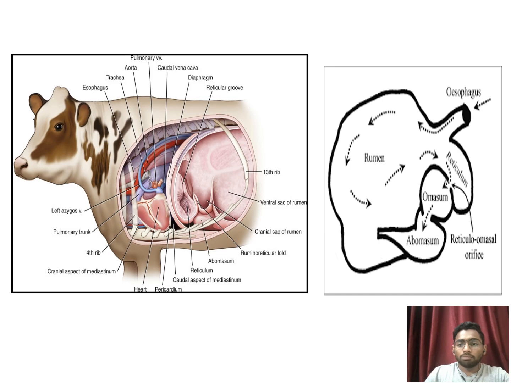From the reticulum, it moves to the omasum through a vent or a hole called the reticulo-omasal orifice, and finally from omasum to abomasum. So this hole or vent, the reticulo-omasal orifice, separates reticulum and omasum. We have to keep this in mind.